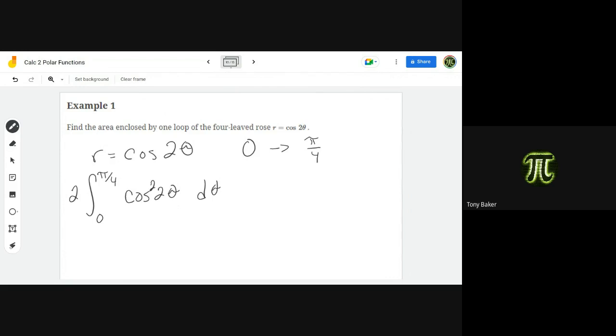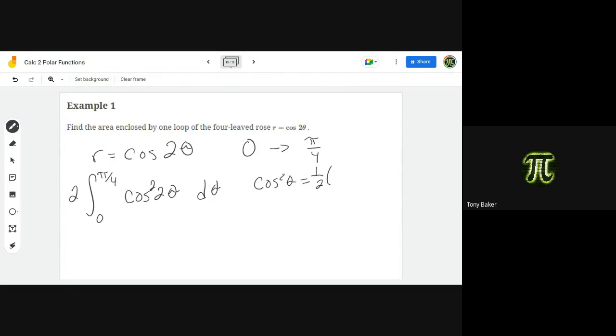So I need to get rid of that square. So cosine squared theta equals what that doesn't have a square in it? If you have the book, at the very back of the book, there should be a table of all these values, all these formulas. It is the half angle formula. So 1/2 and 1 plus.